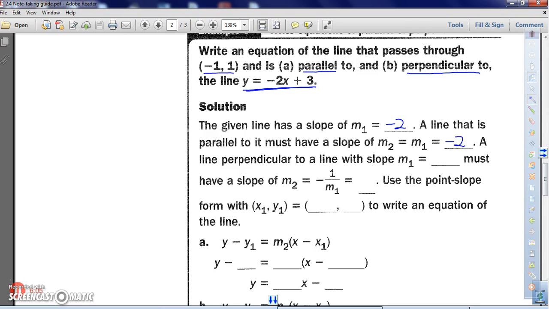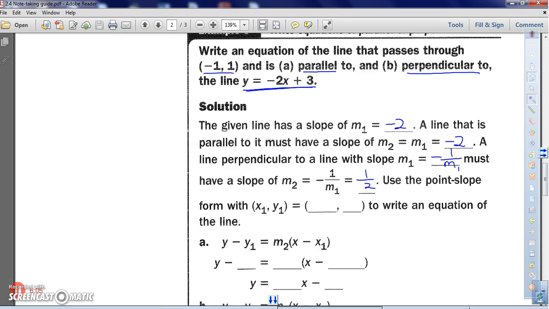Now for perpendicular, remember, the slopes are opposite reciprocals. So to do the opposite reciprocal, we must have the opposite of, and then flip it over, so 1 over the original slope. So if my original slope is negative 2, then the opposite is positive 2, and if I flip that over, it becomes 1/2.